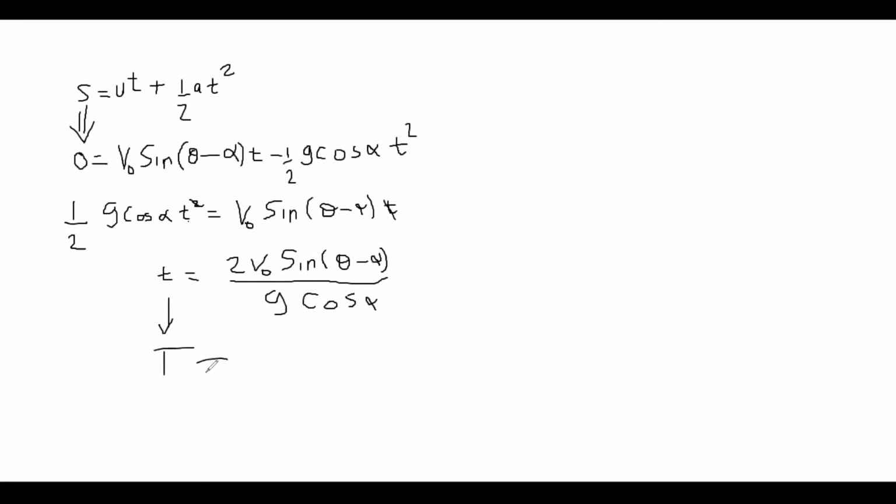We write it as capital T is equal to V naught sine of theta minus alpha, you divide by g cos of alpha. This is the formula for time of flight when we are considering the horizontal projection.